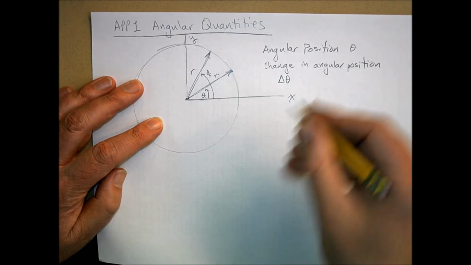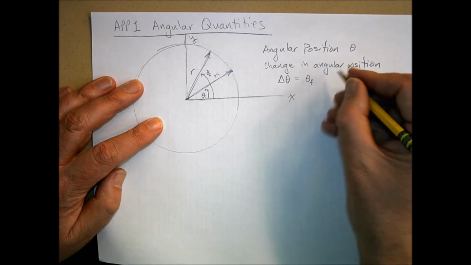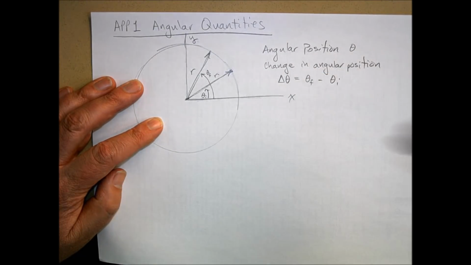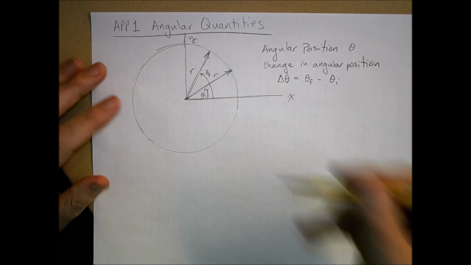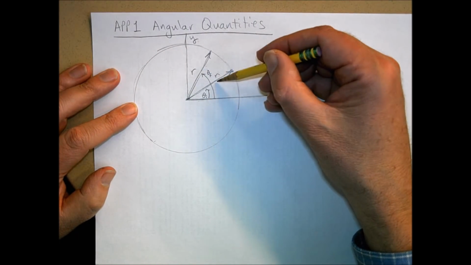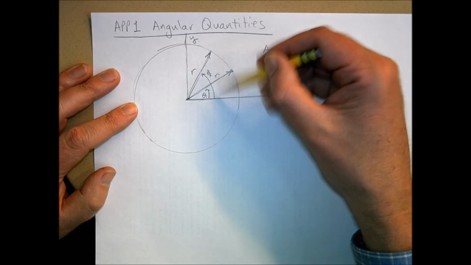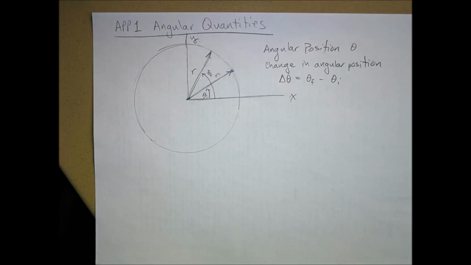And delta theta, by definition, is the final angle minus the initial angle, just like we've done for all delta quantities. Make sense? What if this were 70 degrees and this was 40 degrees? Then you just go 70 minus 40, which is 30 degrees of change in angular position.